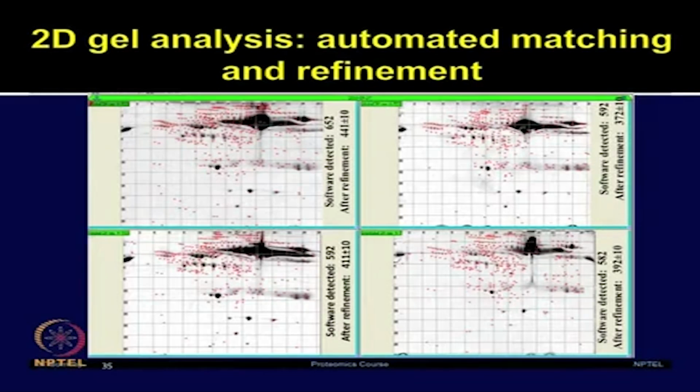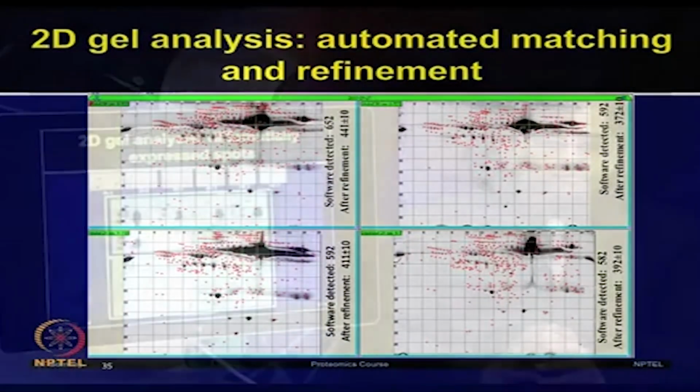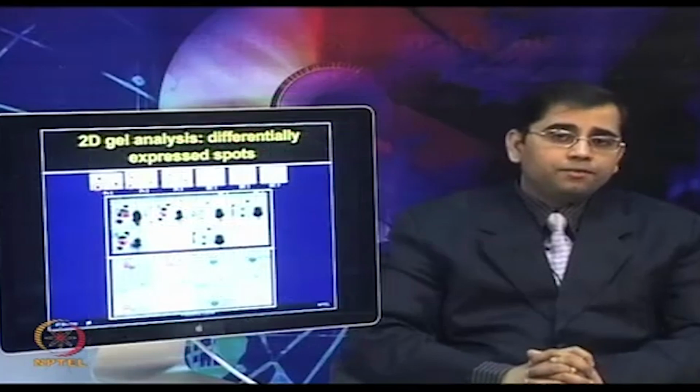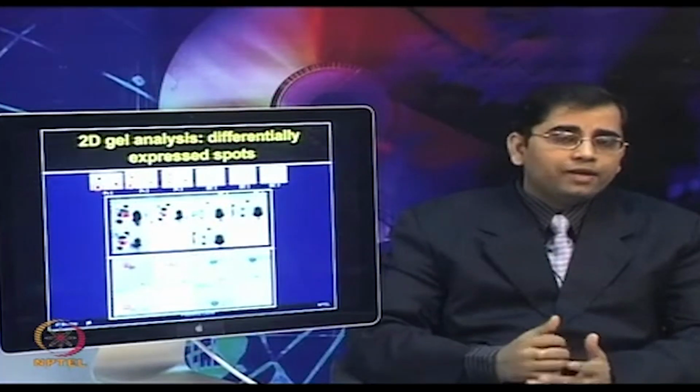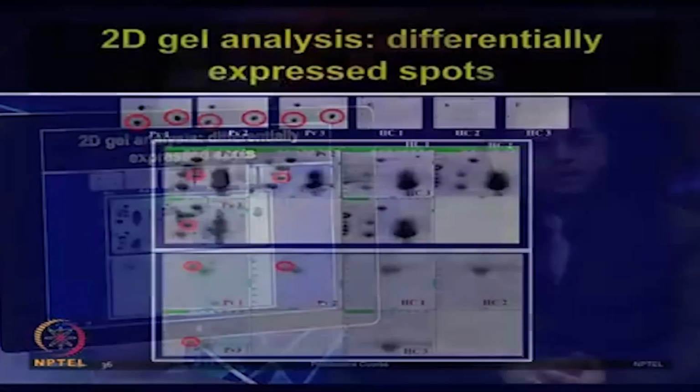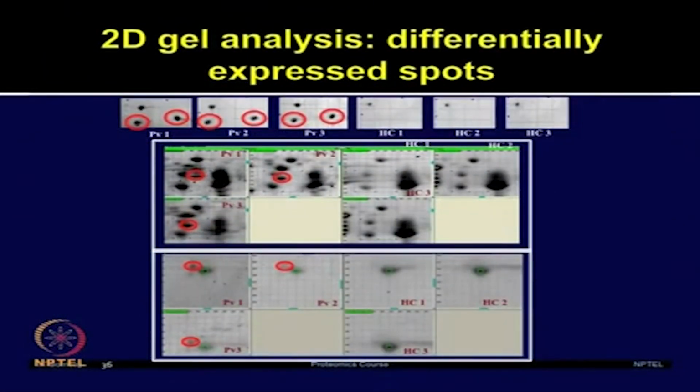So, automated matching as well as manual refinements were performed to obtain how many spots are significantly modulated due to vivax infection. As you can see in this slide, we had looked at various controls and various vivax patients. These are only a few patient samples here, but we analyzed a large number of samples, but those spots which were reproducible in all the patients.